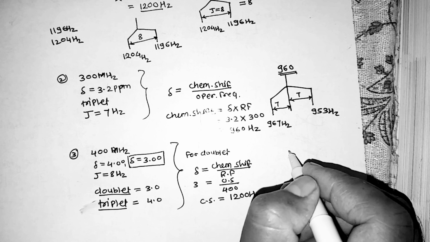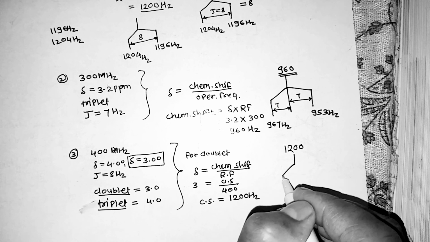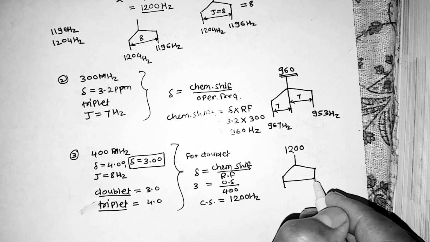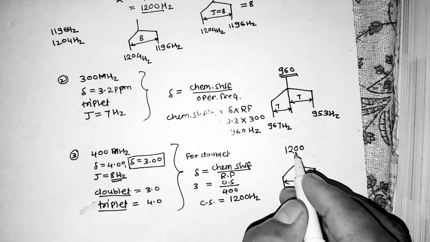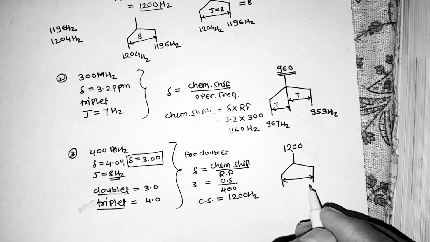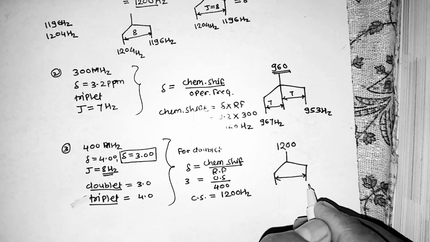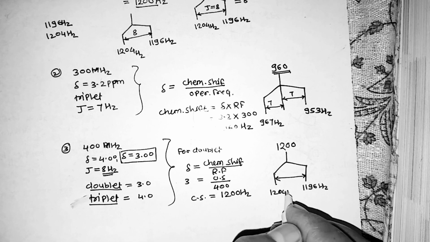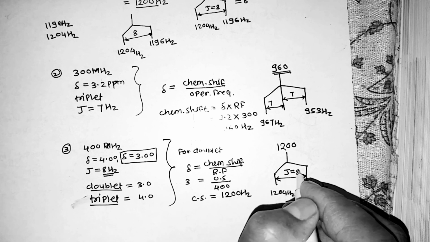So for the doublet, 1200 hertz is the chemical shift in hertz, and the coupling constant is given as 8 hertz. So similar to the first example, you have to move 4 hertz right hand side and left hand side, that is 1196 hertz and 1204 hertz, to maintain the J, that is 8.